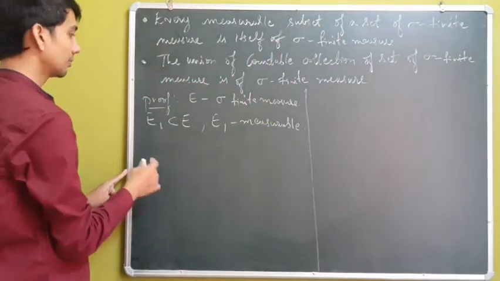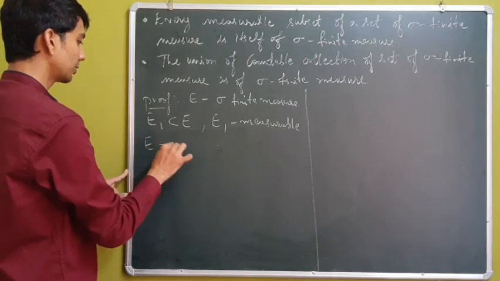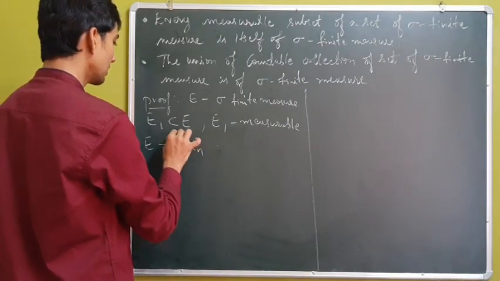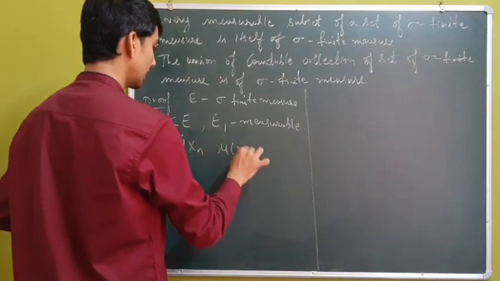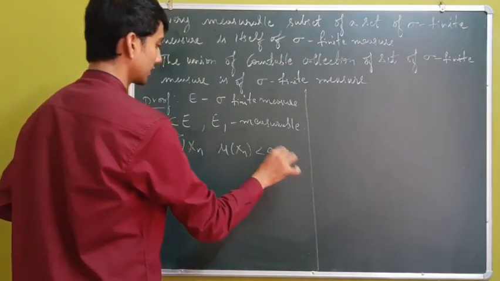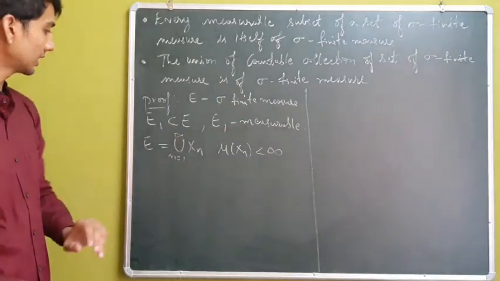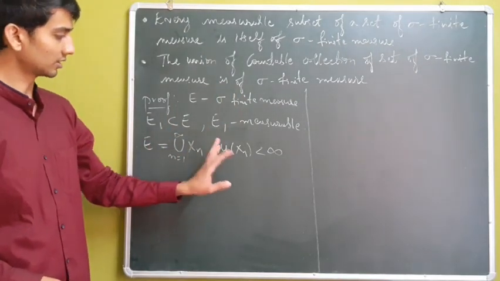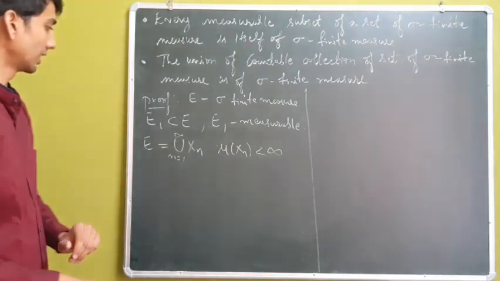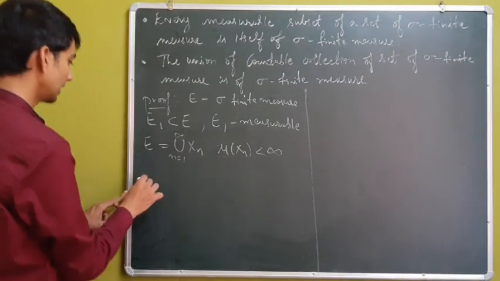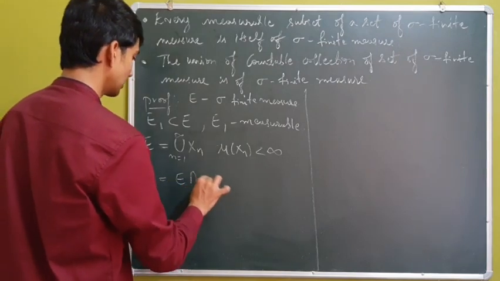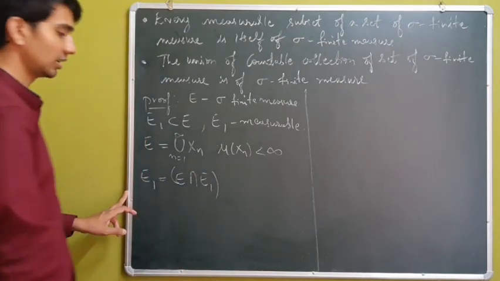Since E is of sigma finite measure, I can express E as a countable union of sets whose measures are finite. Now E1 is nothing but E intersection E1.